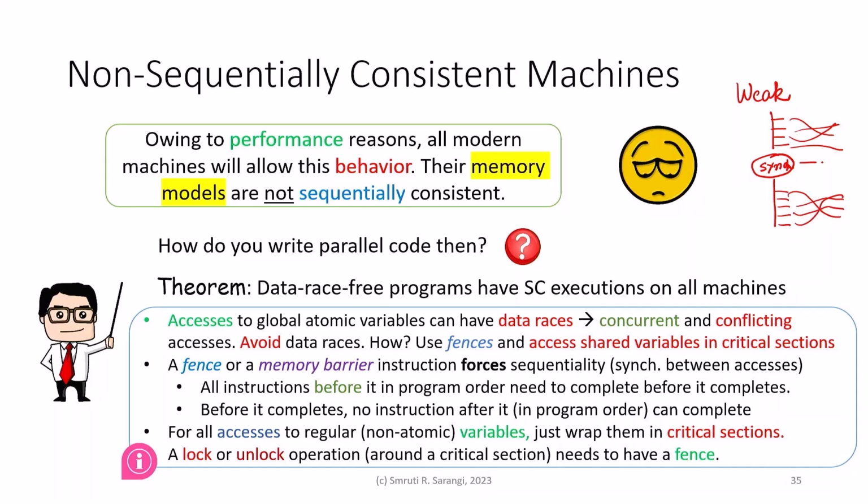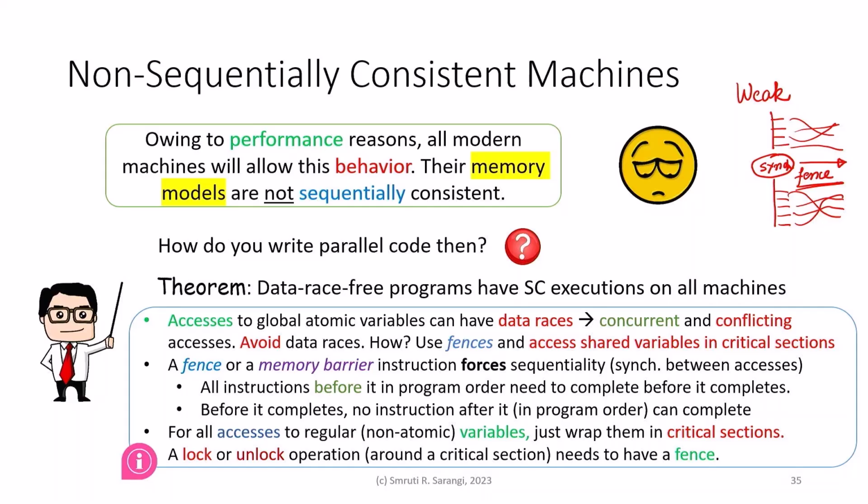But this one kind of establishes a fence: whatever precedes me in the same thread has to complete before me. Whatever succeeds me in the same thread has to complete after me. So this instruction is also known as a fence, and all synchronizing instructions have a built-in fence.